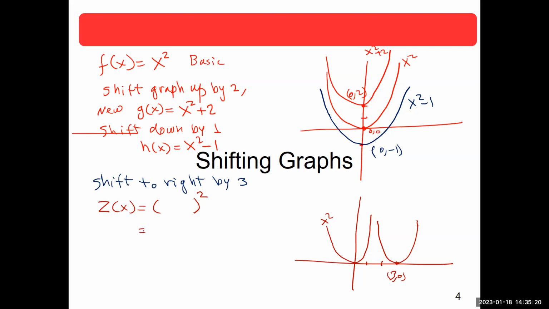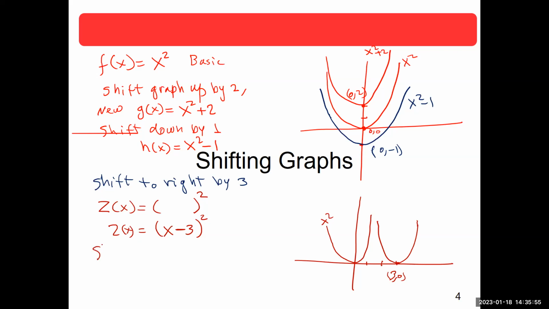Then you put x inside. And because we're going to the right, believe it or not, I'm going to use a negative sign, x minus 3. You will understand the reason later on, but remember, when you shift along x, if we're going to the right, you put a negative sign. So that is the formula. Shifting to the right by 3.